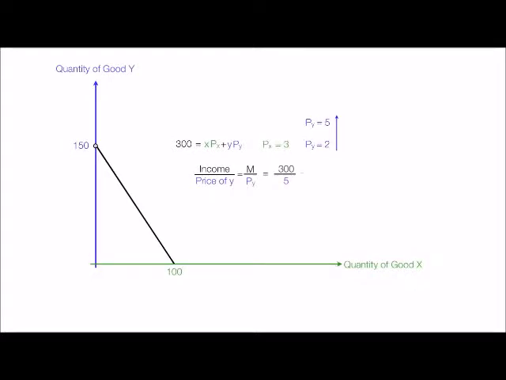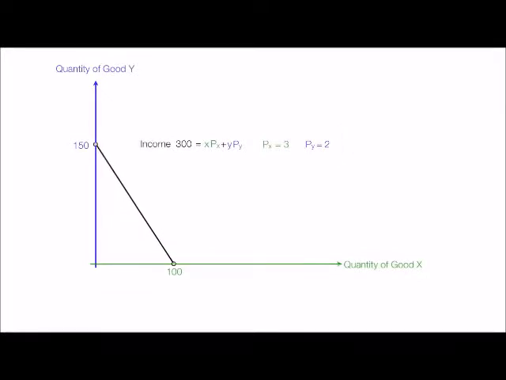And this is equal to 60. So the new quantity is 60 when the price is 5. So the budget line rotates down like that. If the price of Y goes down, the budget line will rotate out like that because the consumer can consume more of Y at a lower price.